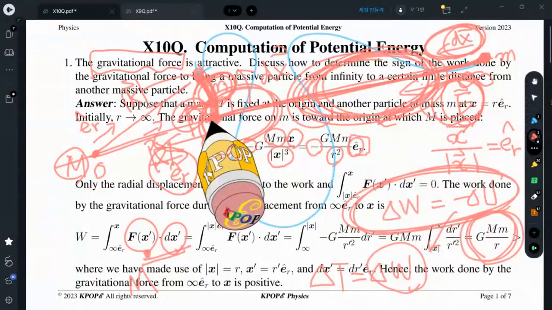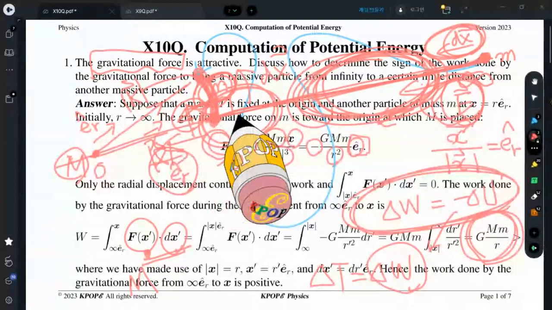Very, very important. Whatever amount you compute, don't forget about the sign. At the end of the day, if you forget about the sign, you have a completely wrong answer. Keep that in mind.